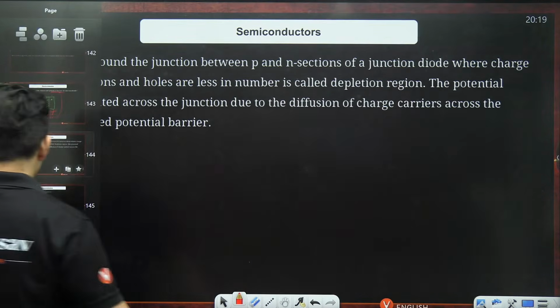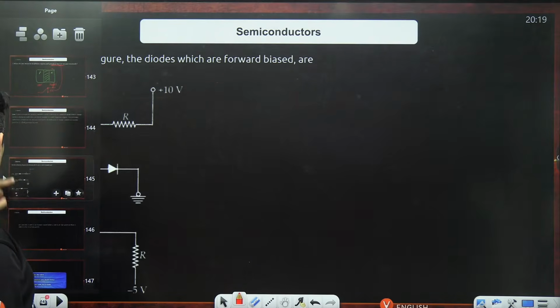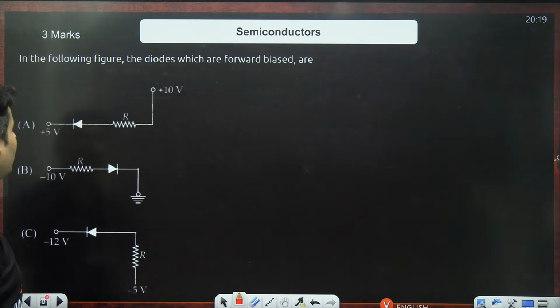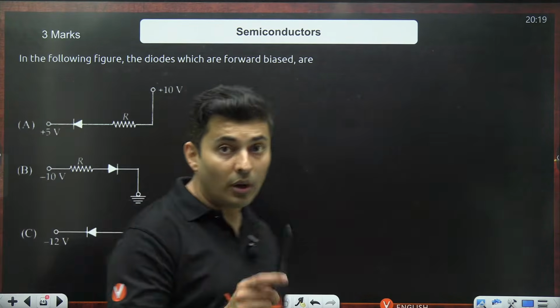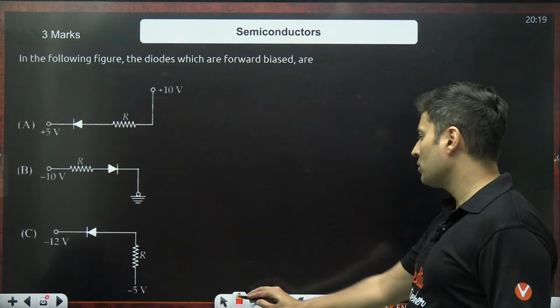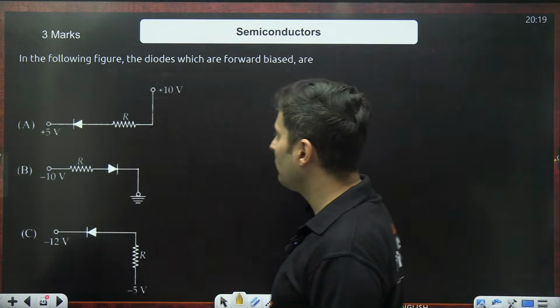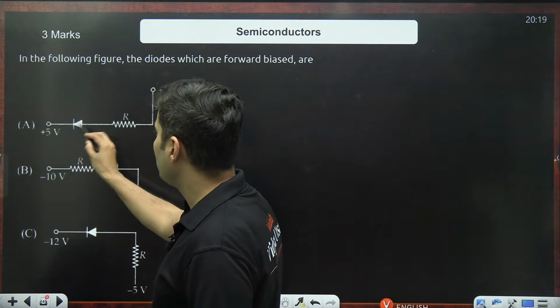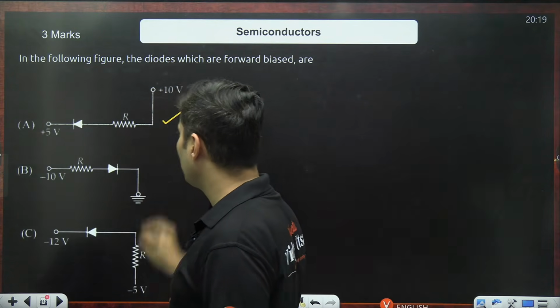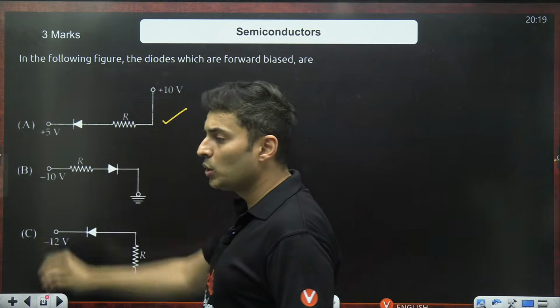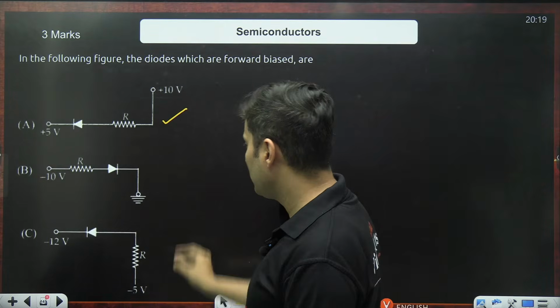Okay, perfect. Moving on to the next question on your screen. In the following diagram, which diodes are forward biased? This kind of question also comes in JEE, very straightforward. So this is 10, this is 5, this is forward bias 100%, P at high, N at low potential. This is negative 10, this is 0.